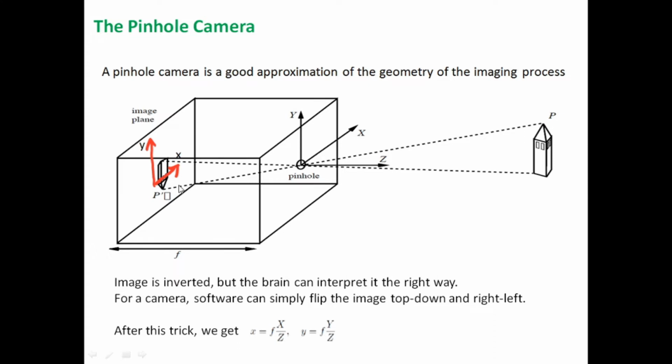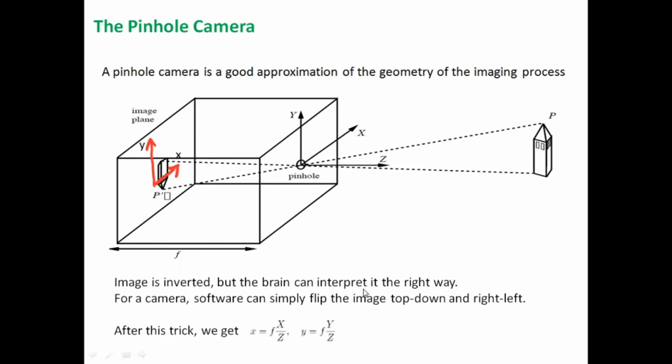As I have already explained, if I want to get an image which I view naturally, there is software. The software or the algorithm in the camera takes care of it to get the actual image. Coming to human vision perception, the image is inverted, but the brain can interpret the actual image which is found in our environment.